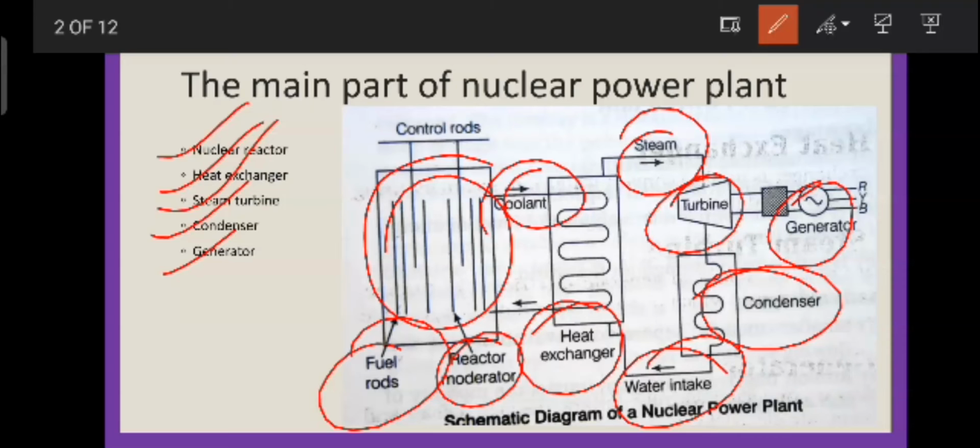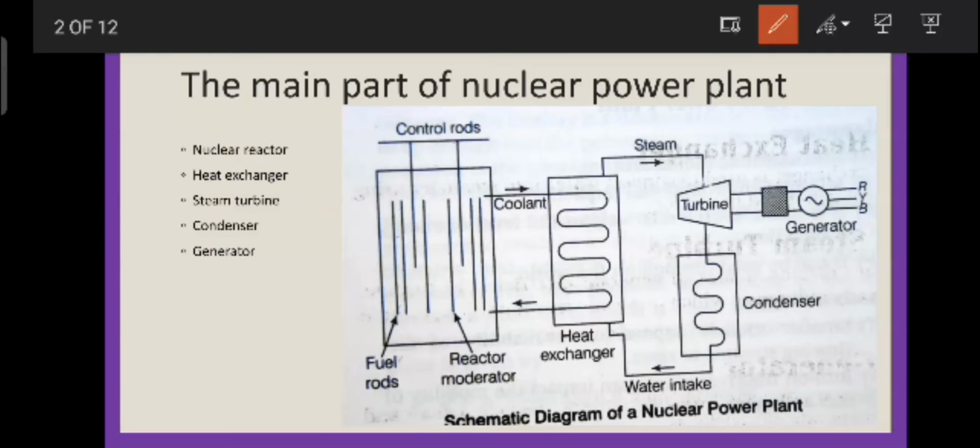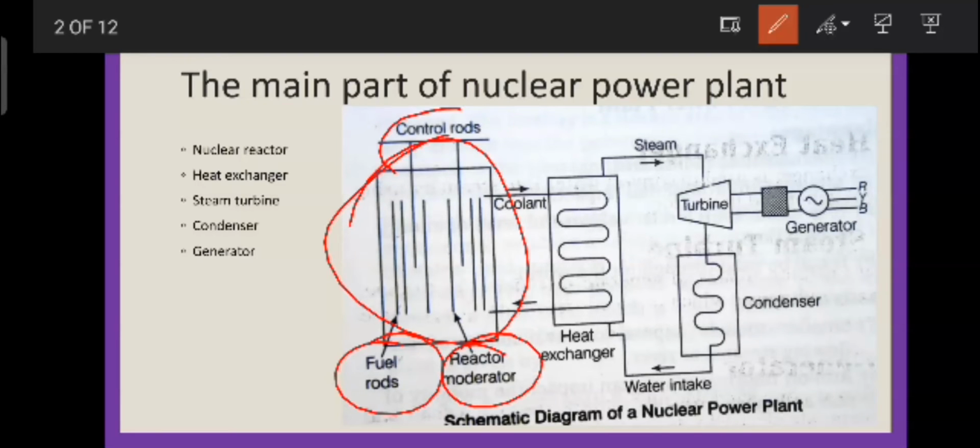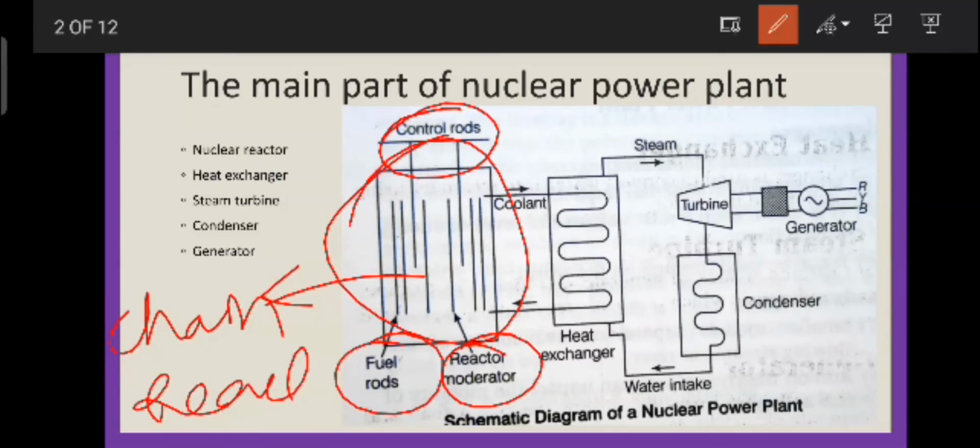So in the nuclear reactor there is a reactor moderator, fuel rod and control rod. The nuclear reactor is the main part of the plant, in which the chain reaction occurs.